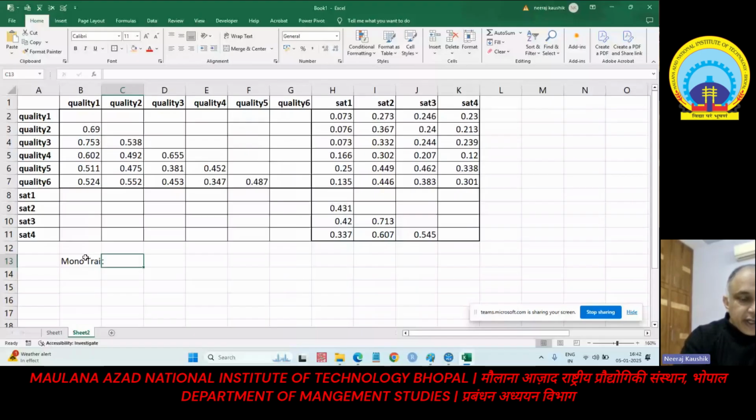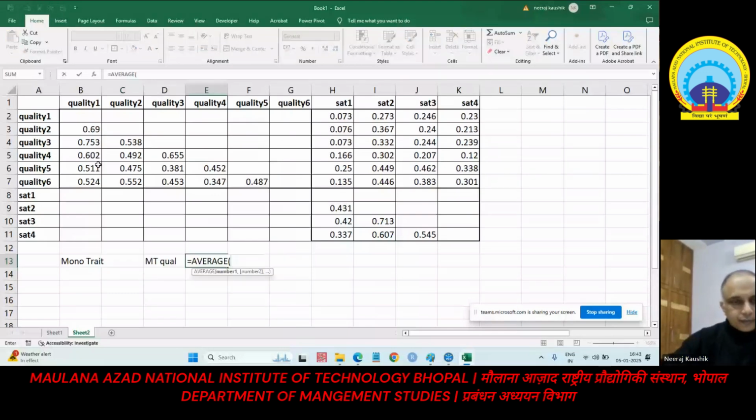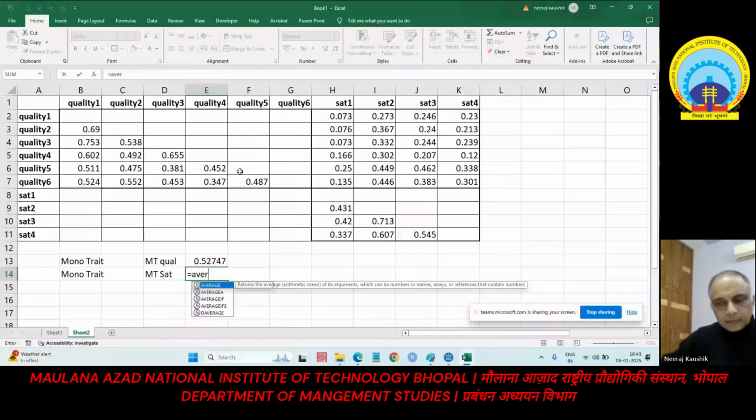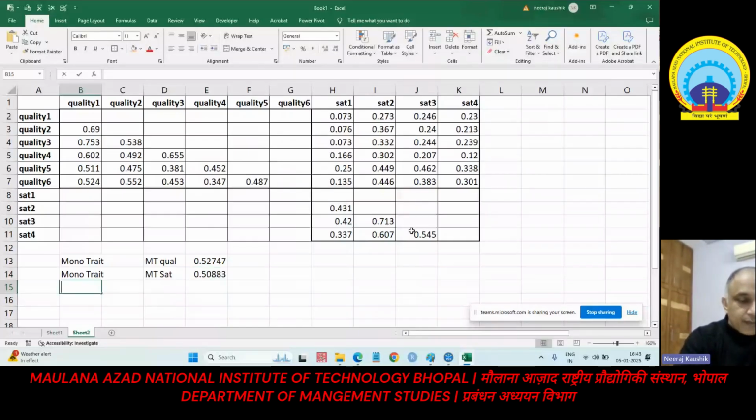And how to find it? It is the average value of all the correlation coefficients. Find out the monotrait for the second. MT stands for monotrait. Now MT for satisfaction is equal to the average of all these values. And then we have the heterotrait.